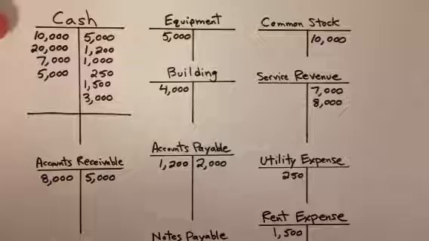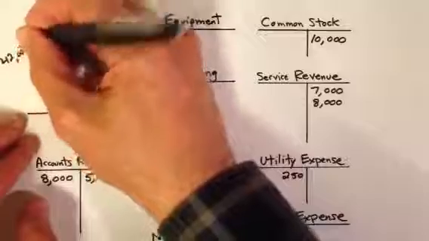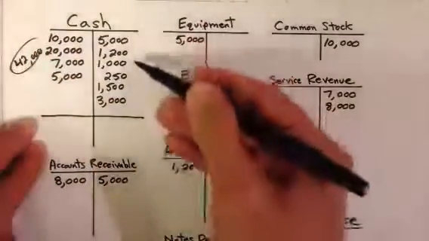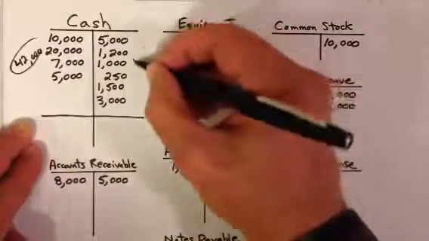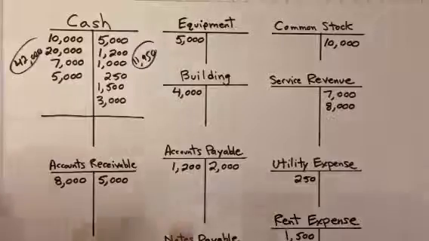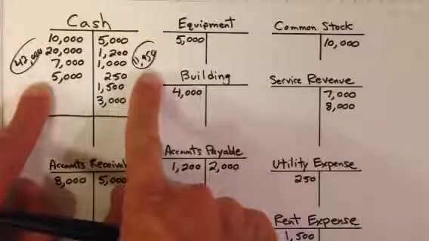If we add up the numbers on the left side, the debit side, they add to 42,000. If we add all of the numbers on the right side, the credit side, they add to 11,950. What we will do is to net these two, meaning we will take the difference, we will subtract them.